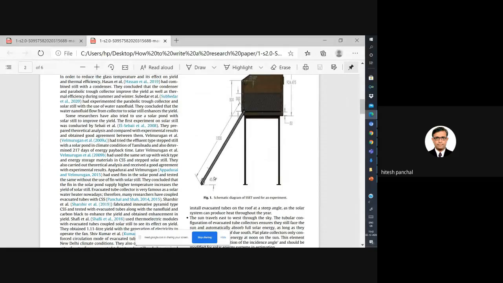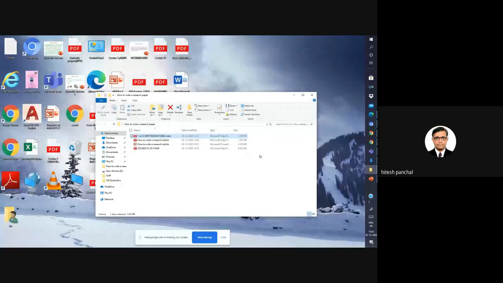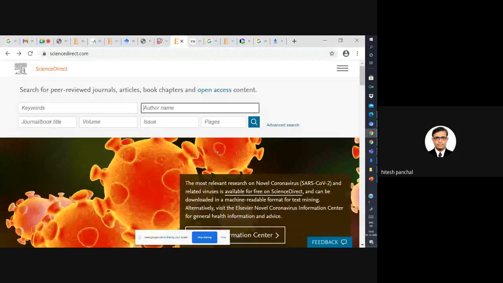Is there any method to reuse this figure in the review article which is written by you? For that, I have one procedure that you should follow. The procedure I will share with you.